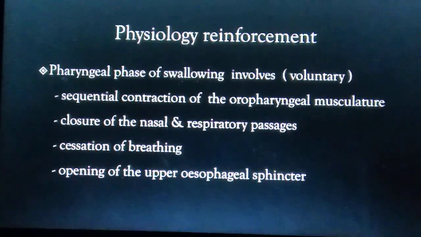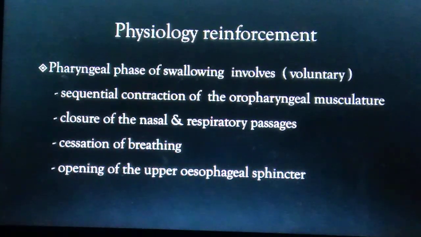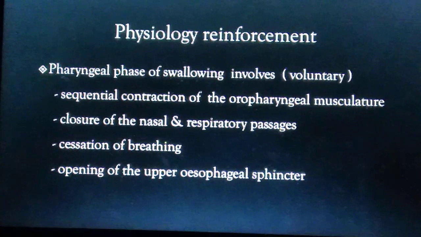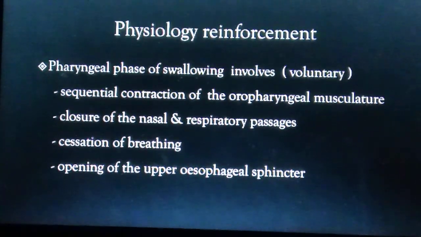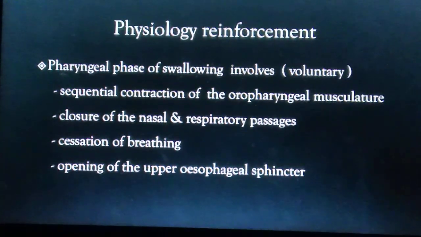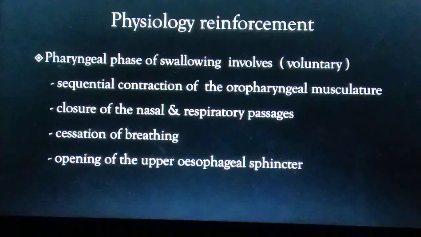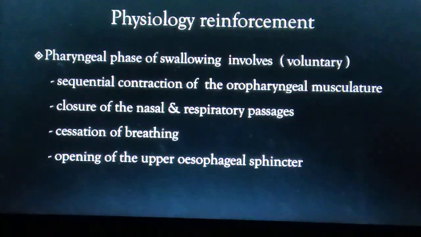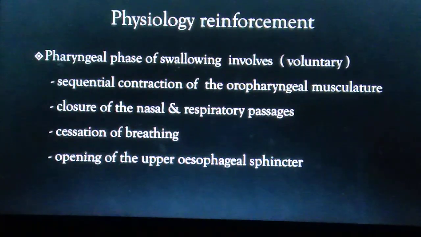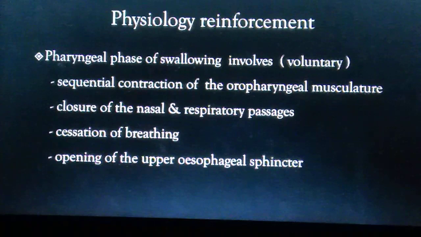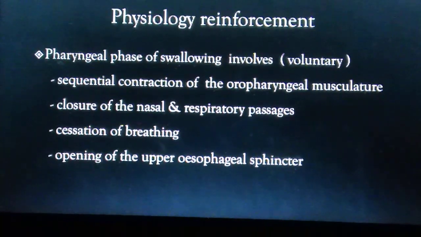Let's start with the pharyngeal phase of swallowing. It's voluntary and it involves the sequential contraction of the oropharyngeal musculature, followed by closure of the nasal and respiratory passages to prevent aspiration. Then cessation of breathing, and finally the opening of the upper esophageal sphincter.